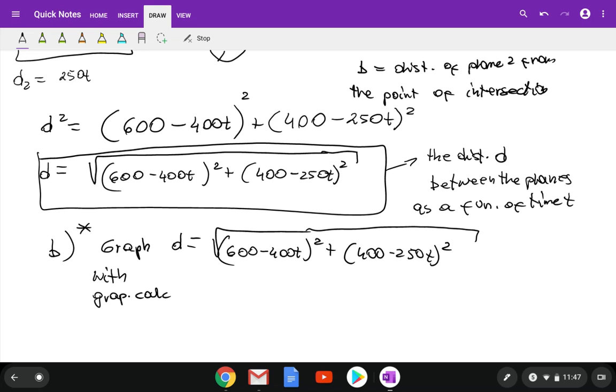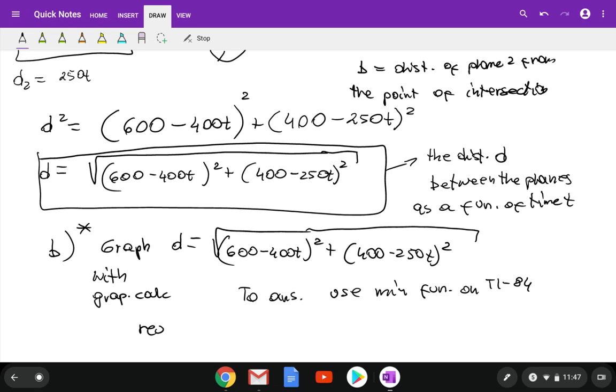And how close the planes come to each other, and at what time the planes are closest. For this part, again, you need to use the graphing calculator, and technically to answer that question you have to use the minimum function on the TI-84, which we're not using, so I'm skipping.